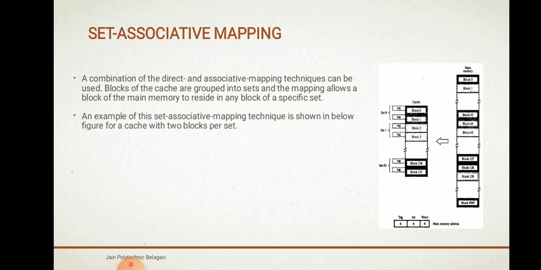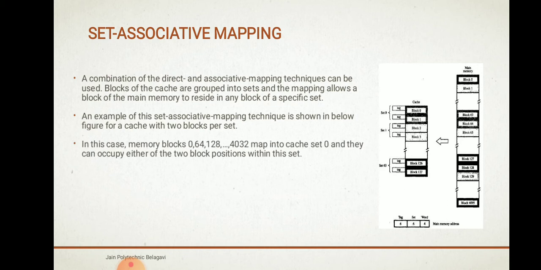As shown here, there is a cache, which is a combination of both direct mapping and associative mapping. Each block will be given a tag. As you can see, two blocks make one set, so one set contains two blocks.